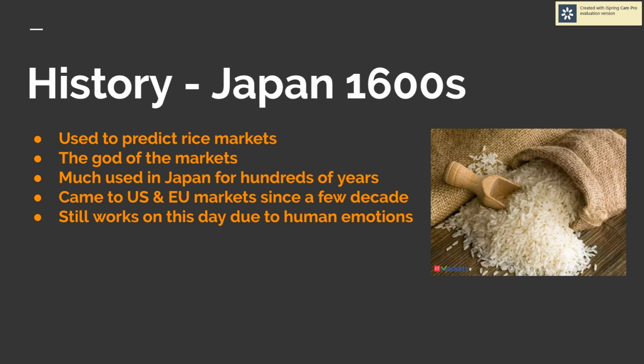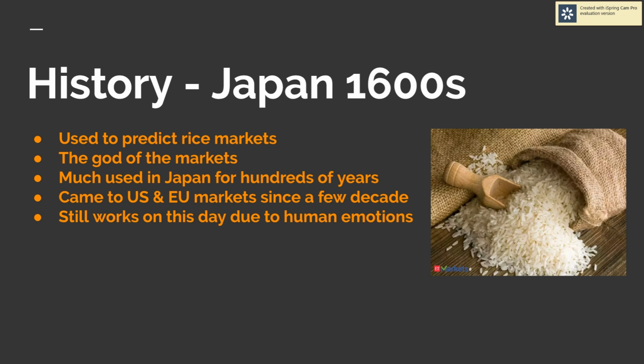So to talk a bit about the history, the history of technical analysis started in Japan in the 1600s. It was used to predict the rice markets most of the time. It was also used a bit for war strategies and stuff. But mostly to predict the rice markets.